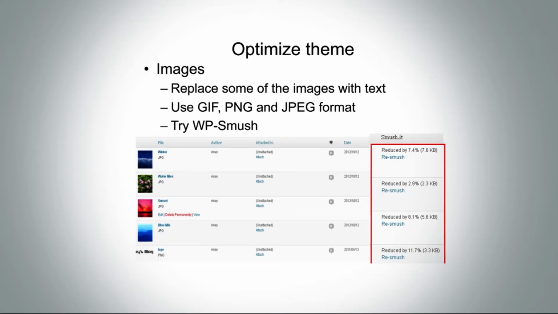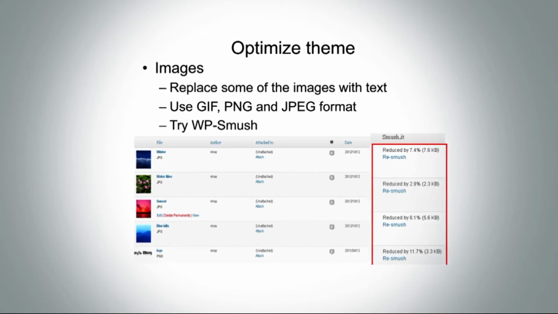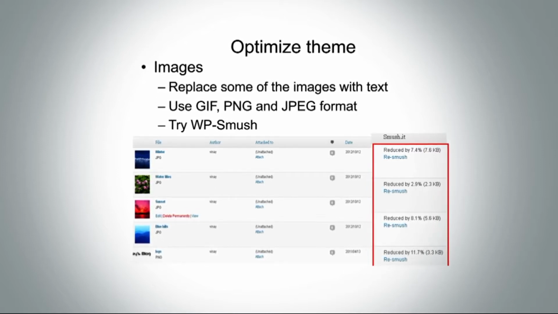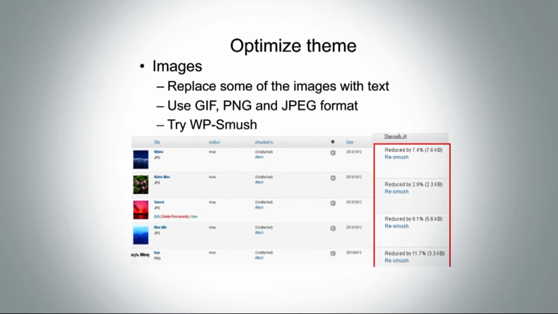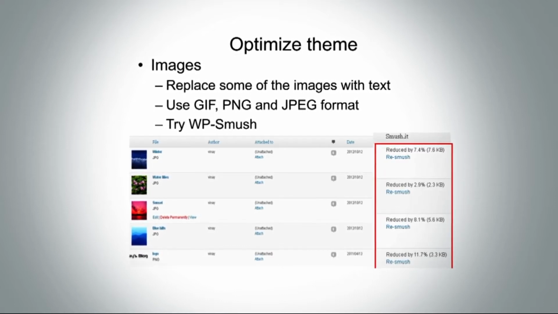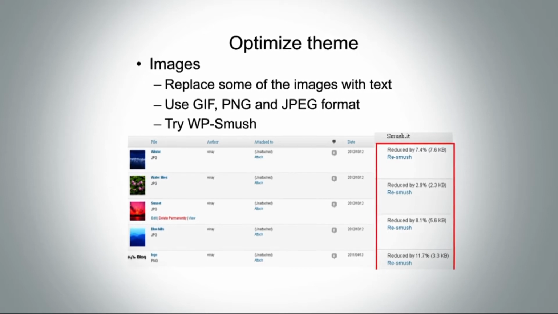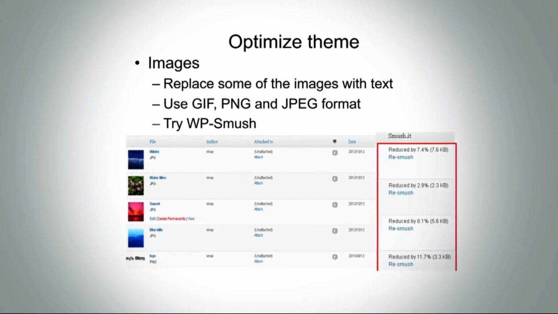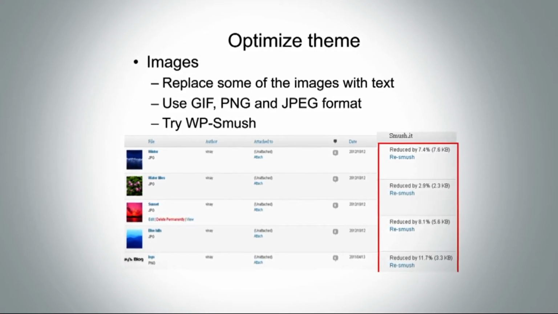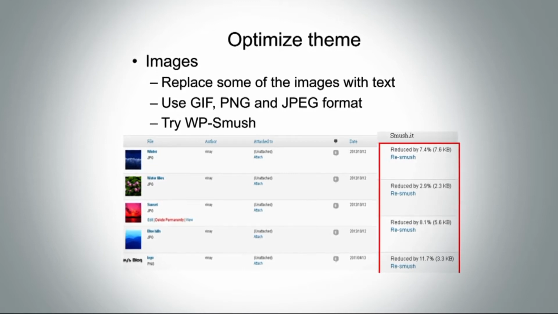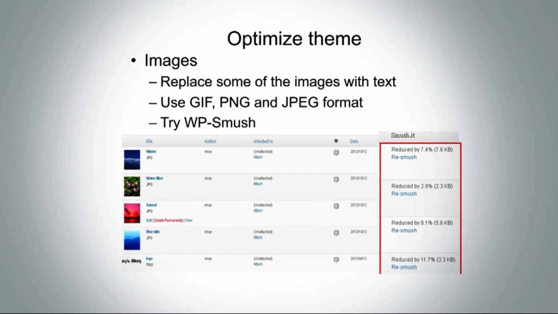Use GIF, PNG and JPEG formats, since they are the most compressed formats. If possible, try to use the GIF format. If not possible, for large images you can try PNG, and for small images you can try JPEG. Try Smush.it. Smush.it is a way to reduce image size.